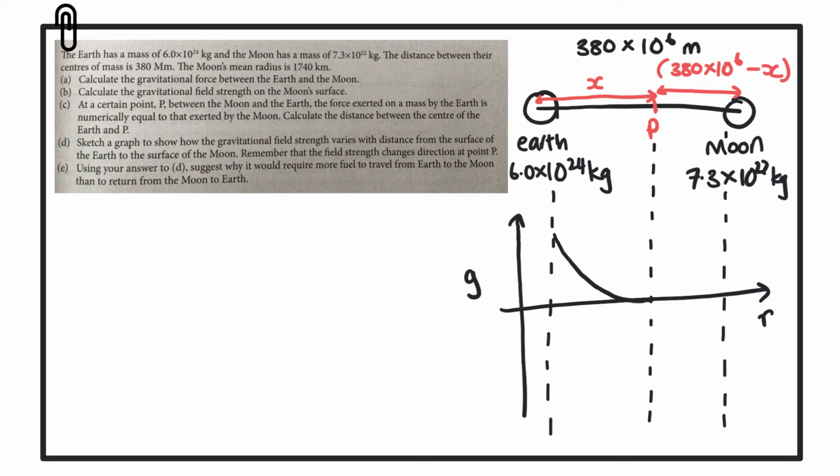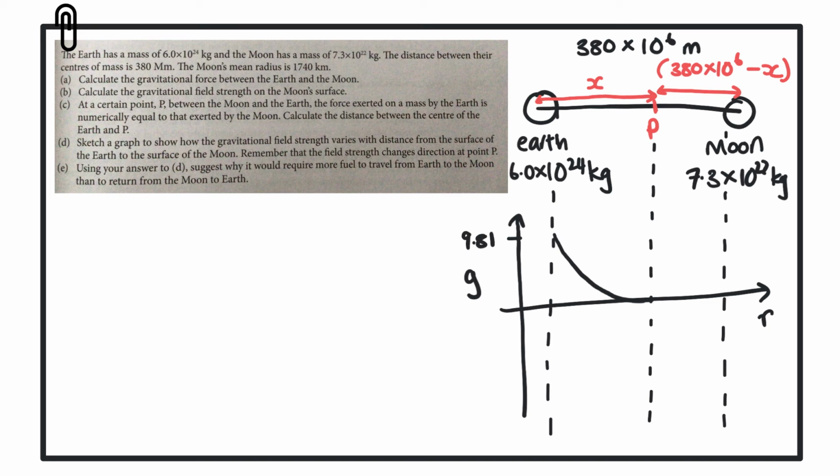Now, after this point, the gravitational field strength is going to start to increase again as we get closer and closer to the Moon. However, we need to take into account, first of all, that the gravitational field strength on the surface of the Moon is not as big as it is on the surface of the Earth. We know on Earth that at the surface, the value g has a value of 9.81.